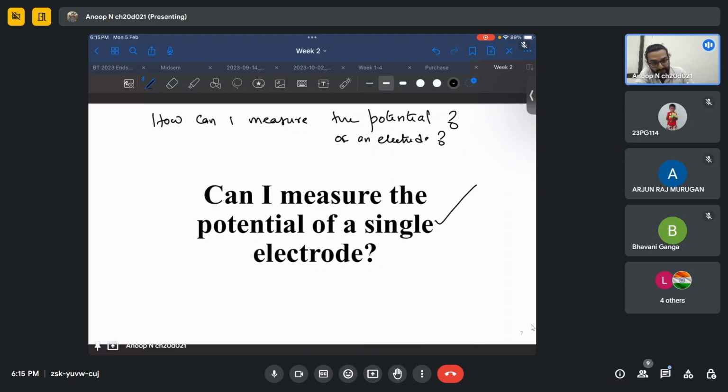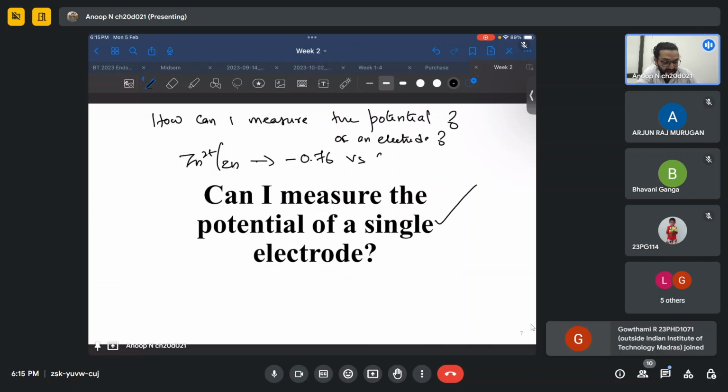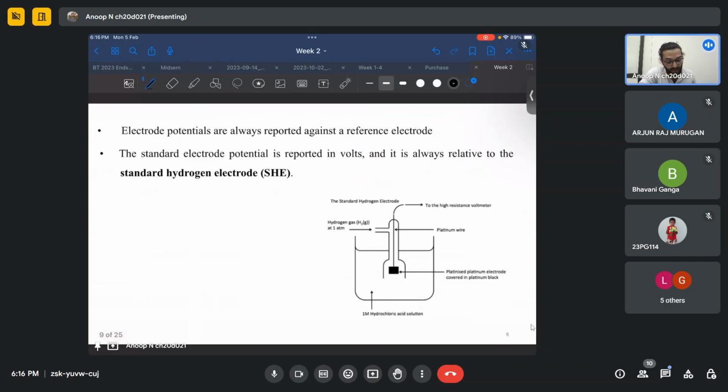Something like, for standard Zn2+, you can write Zn2+ | Zn, which is minus 0.76 volts versus the standard hydrogen electrode. So we cannot measure the potential of a single electrode. We need something called a reference electrode. One kind of reference electrode is the standard hydrogen electrode.